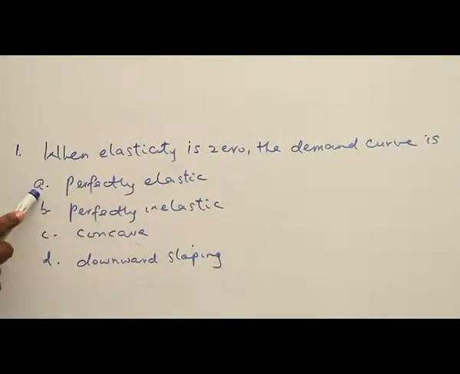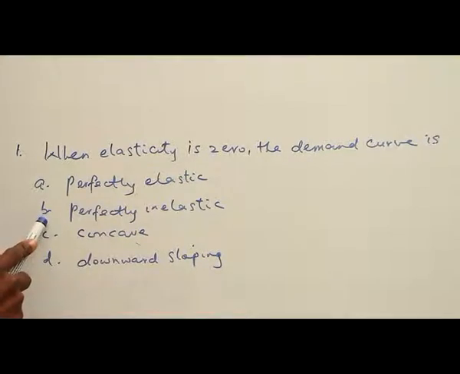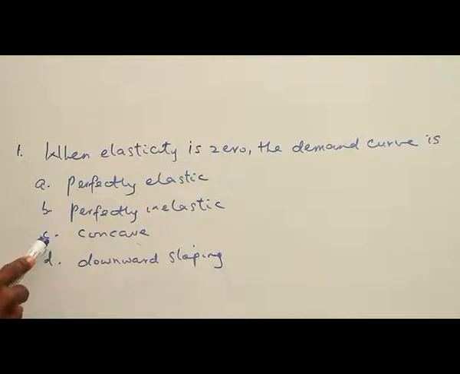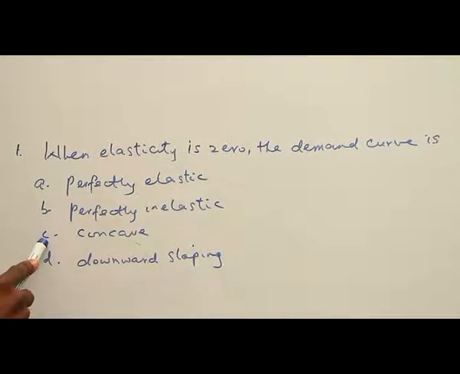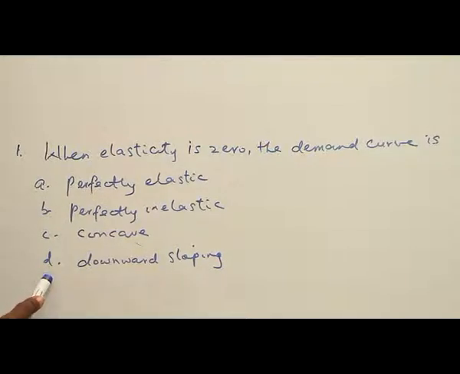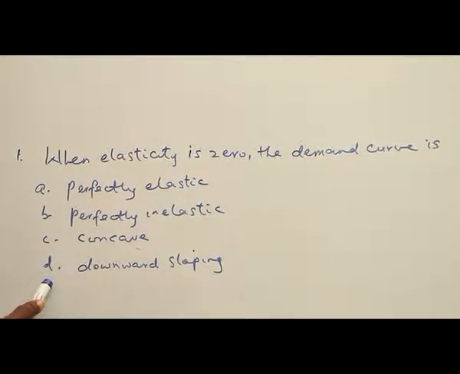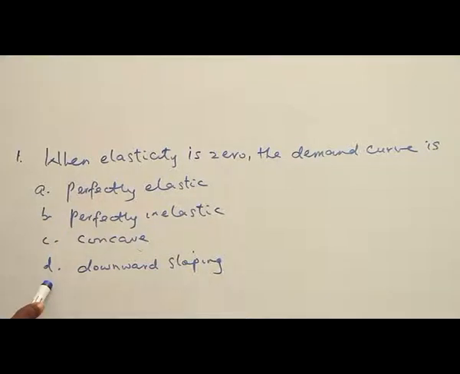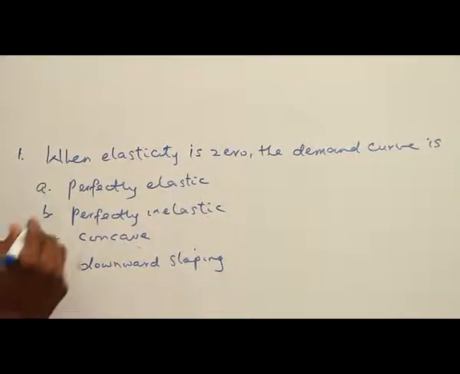So perfectly elastic demand indicates fixed price, change in quantity demanded. Perfectly inelastic indicates fixed quantity but changes in price. C. Concave is not related to this. D. Although the demand curve is downward sloping, we are talking about elasticity in this situation. So zero elasticity of demand indicates perfectly inelastic demand. So the right answer is B.